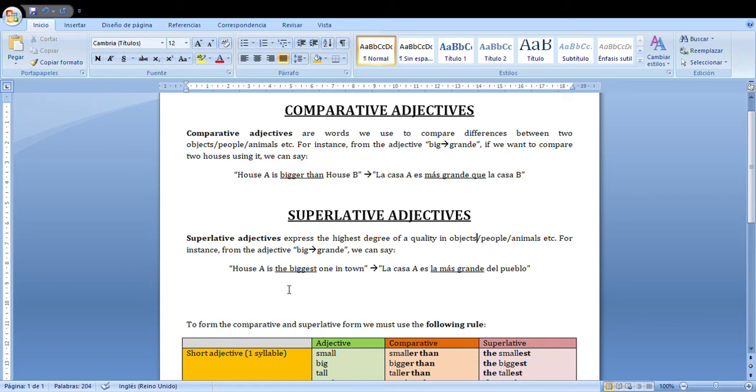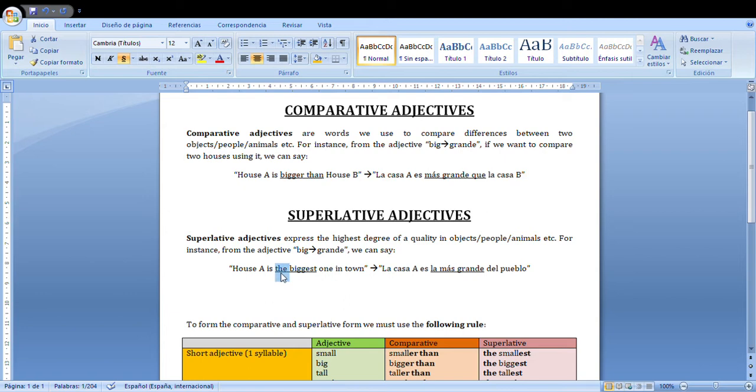That in Spanish would be translated into la casa A es la más grande del pueblo. The biggest, you've seen that we added the in front of the adjective big, and now instead of adding er, we add est to say la más grande o el más grande.